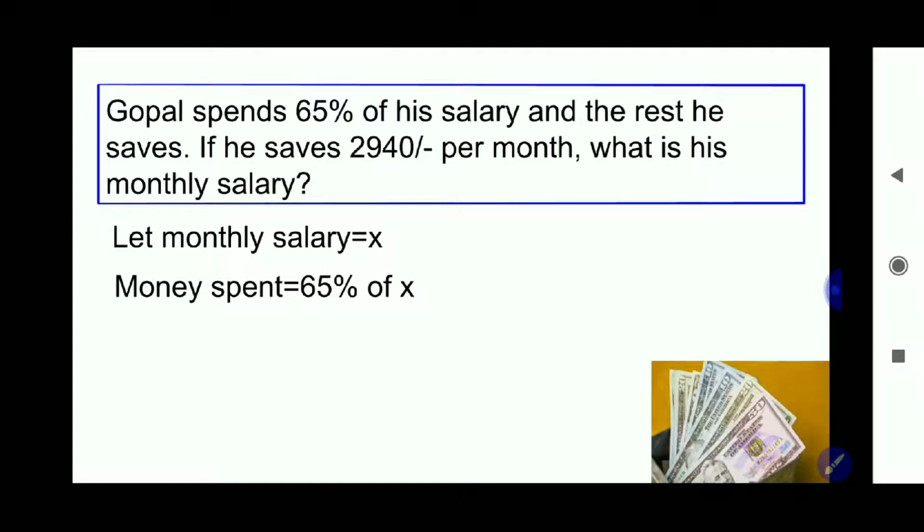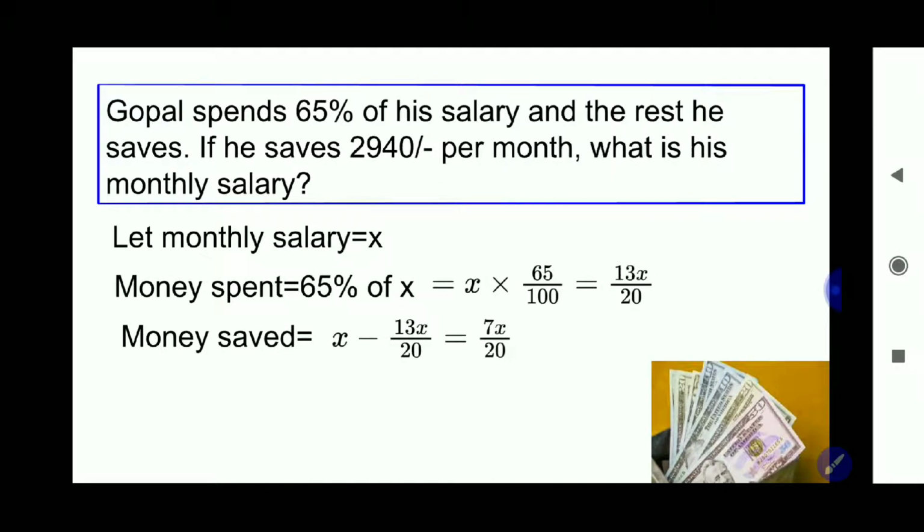That means 65% of x. That is x into 65 by 100. So it becomes 13x by 20. Salary is x. Spent is 13x by 20. So savings is x minus 13x by 20. That is 7x by 20.